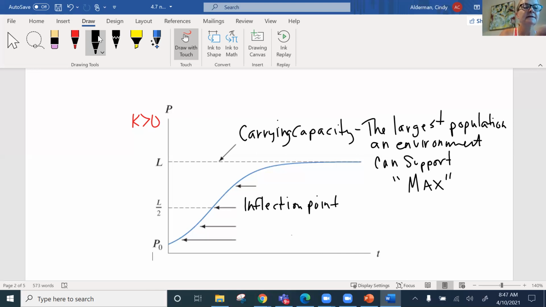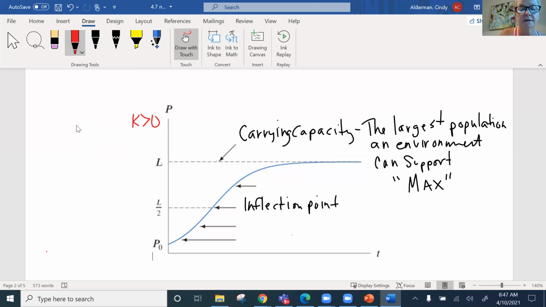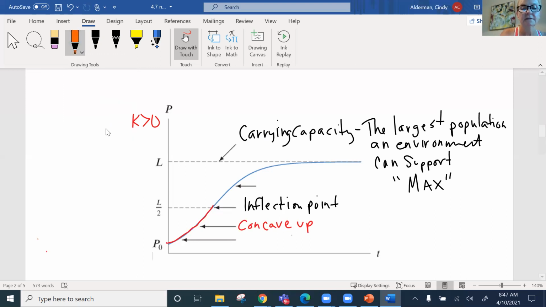Notice that in this graph, I'll use red. This right here is convex, not convex, concave. Did I use the convex word earlier? I did. We'll fix that. Concave up. And then we've got this part of the graph, which is concave down.